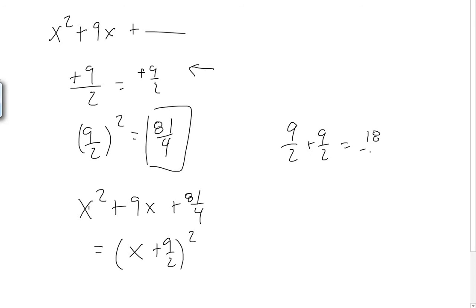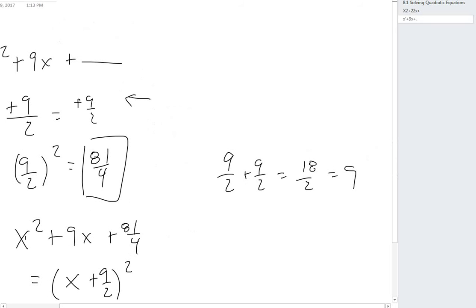I get 18 over 2, which is exactly 9. So 9 over 2 is the number that multiplies times itself to give you 81 over 4 and adds to be 9. Now, I don't really think I would have come up with that if I didn't know the shortcut.